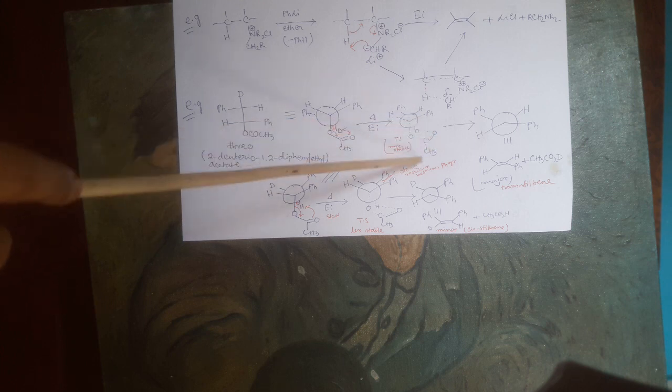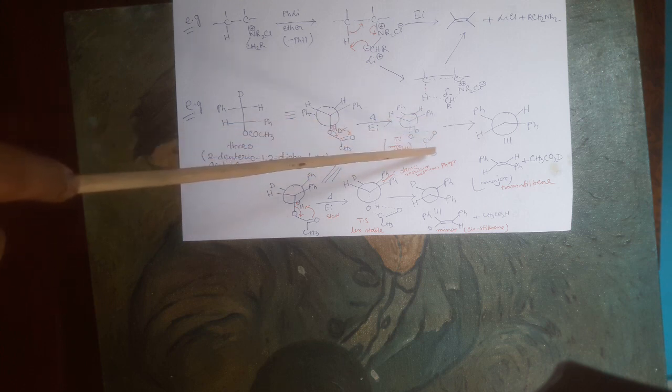Why? Because here, this transition state, we see here, is a cyclic transition state. This is a 6-membered cyclic transition state, and this transition state is a more stable transition state.